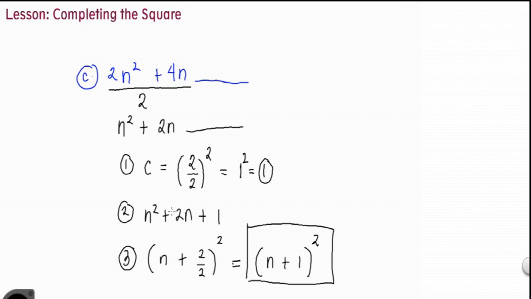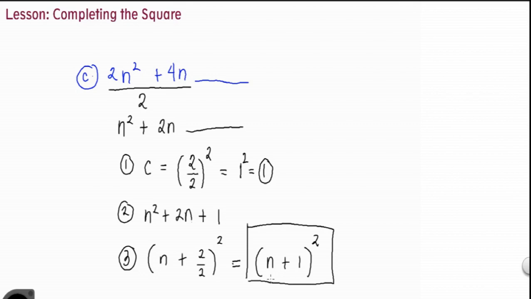Okay? And then, we get our factored form. Because once we have the factored form, we can easily find the n value or the solution. Okay? For the next lesson, I will show you how to solve a quadratic equation by completing the square.